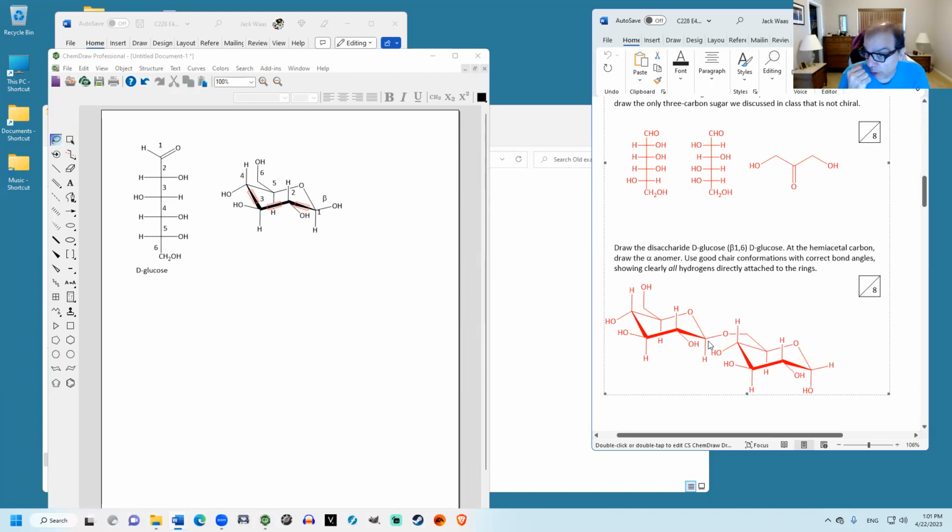You always start at carbon 1 of the first glucose, at least in general, that's going to be the case. And you make it beta, meaning the oxygen is going to point up or equatorial. And then we simply connect that oxygen to carbon 6 of the next glucose. Carbon 6 is the CH2. So that's attached to the ring down here. This is our second glucose molecule over here.